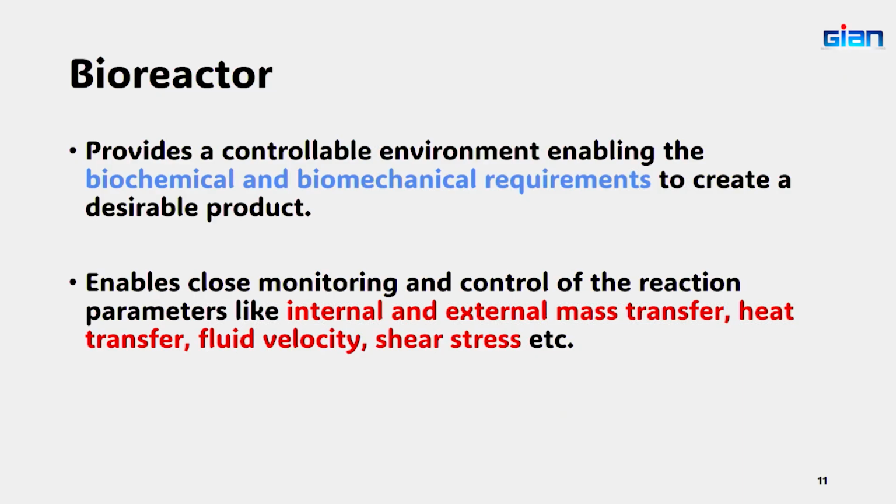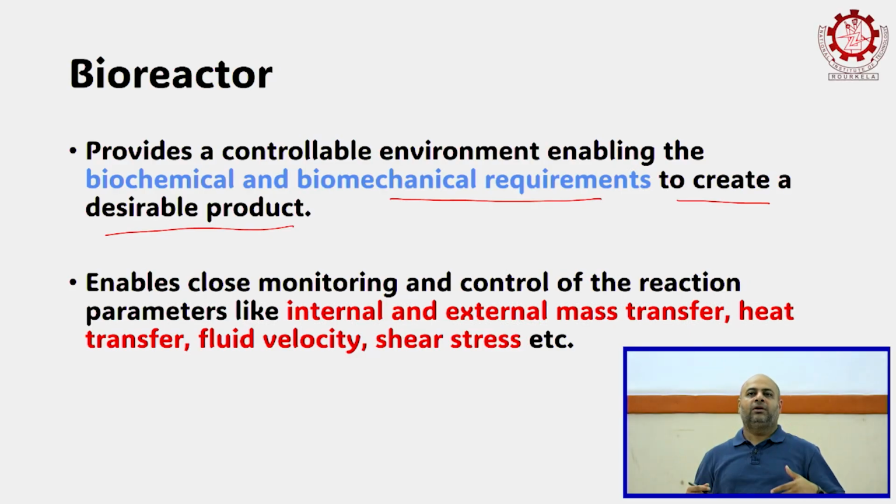Now bioreactor, for that we have to look at, so my mistake. So what does bioreactor do? Bioreactor provides you a controllable environment, enabling the biochemical and the biomechanical requirements to create a desirable product. So you are being provided with both the parameters to grow your product to the best of its capabilities.